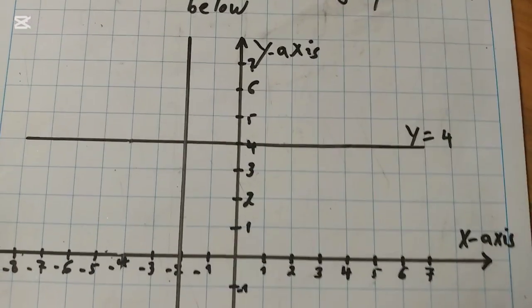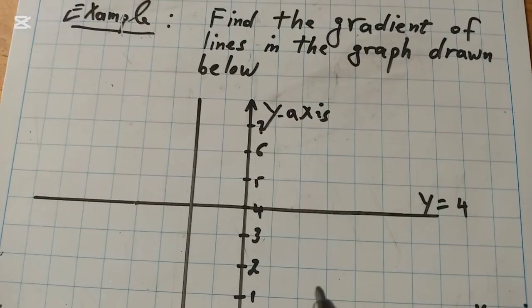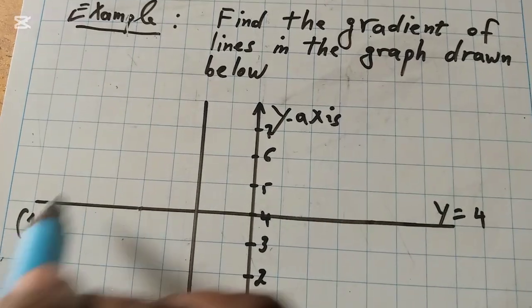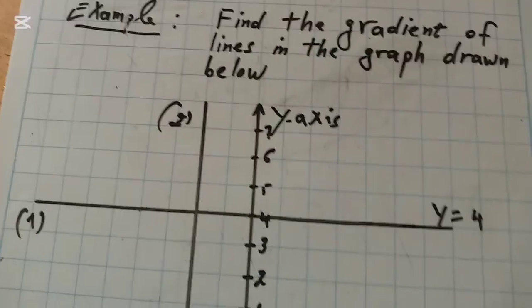So let us start. Let's call this one line number 1, and this is line number 2. Let's start with line number 1.